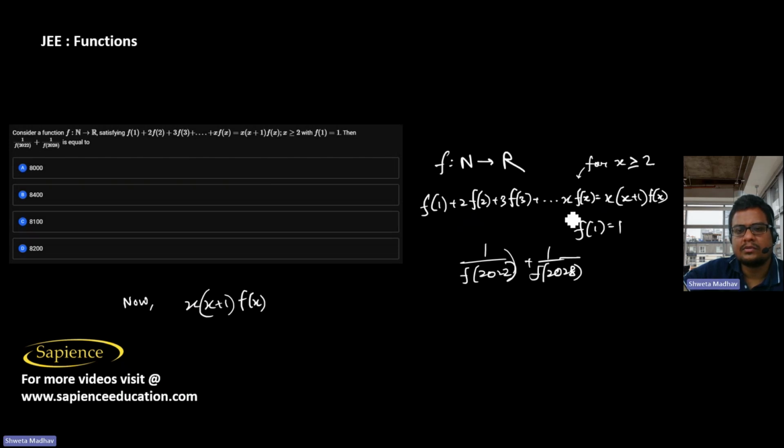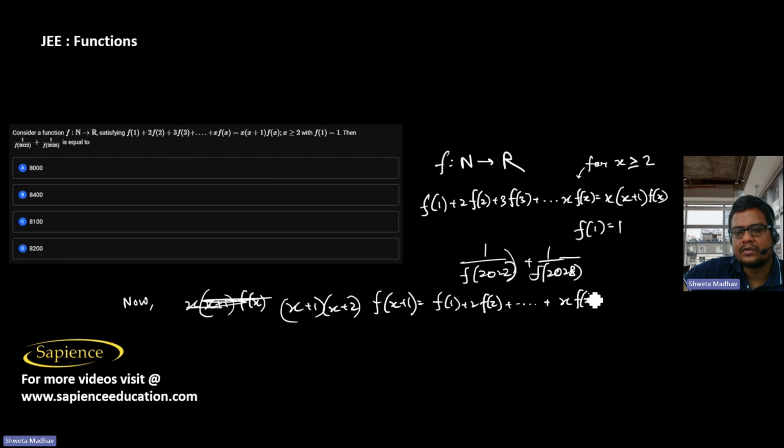If I put x equal to x+1, then we will get (x+1)(x+2) f(x+1), that will be equal to f(1) + 2f(2), and it will go till f(x) plus (x+1) f(x+1).